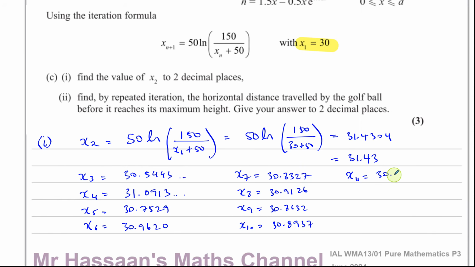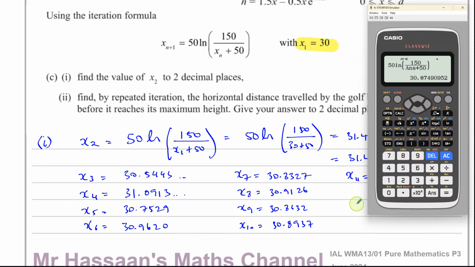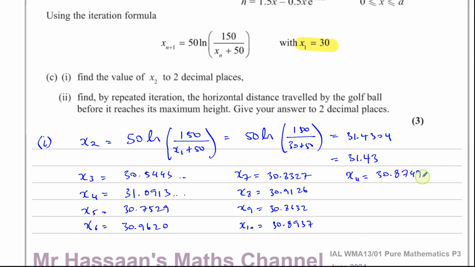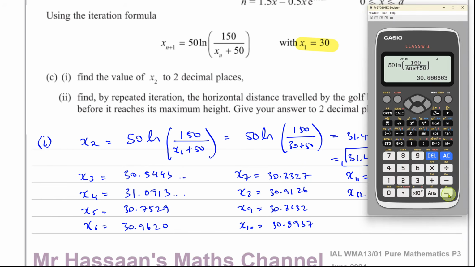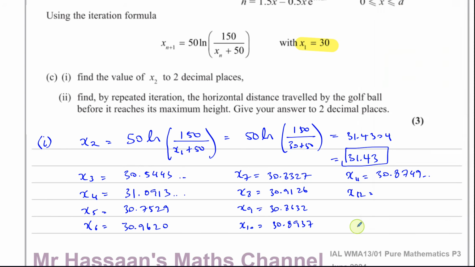That's the answer for the other question, by the way. All right, and then x12, 30.8865. Just keep going a long time here.